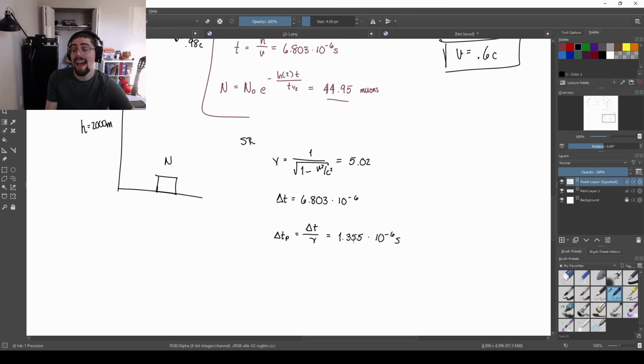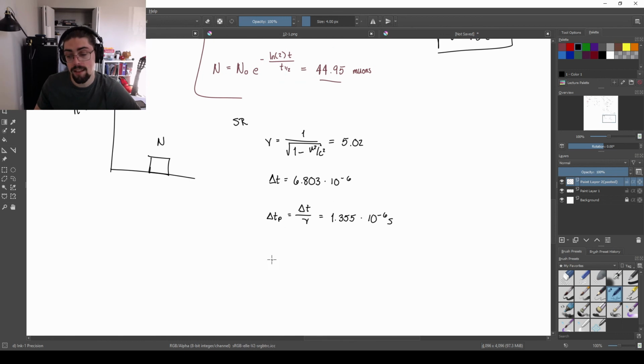So when you take that number into account, now if we plug in negative natural log of 2 times the proper time divided by the half-life, what we end up finding is 539.1, which is right on the money for that 540 muon value.